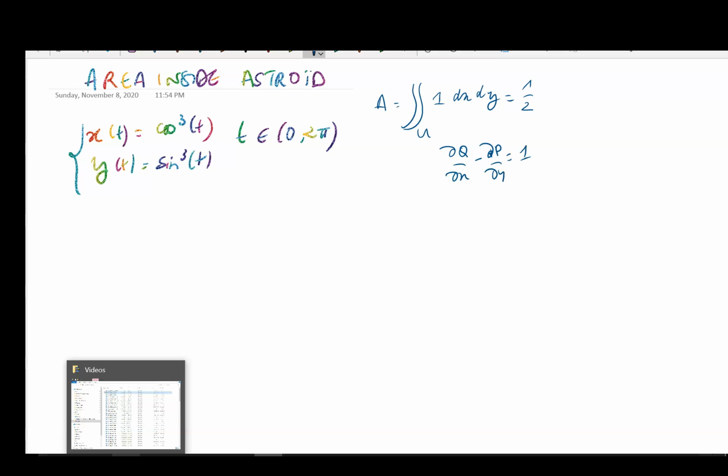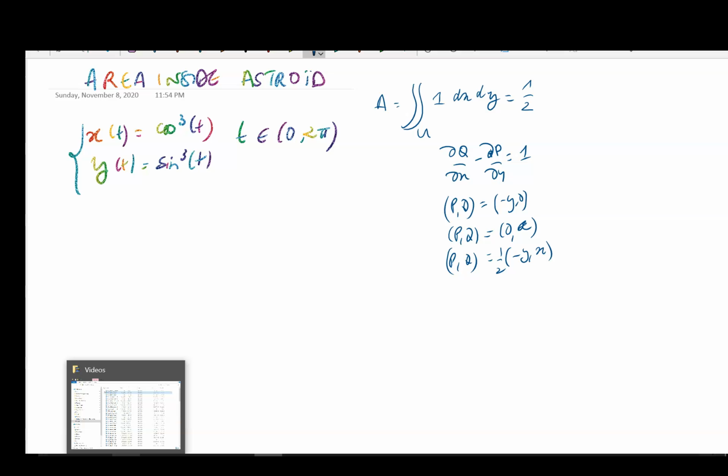Okay, so one of the choices we saw is that we could choose P to be negative y and Q equal to 0. We could choose P equal to 0 and then Q equal to x, or we could choose an average of them too, so 1/2 of negative y, x.